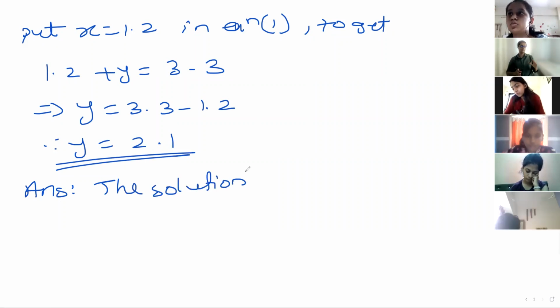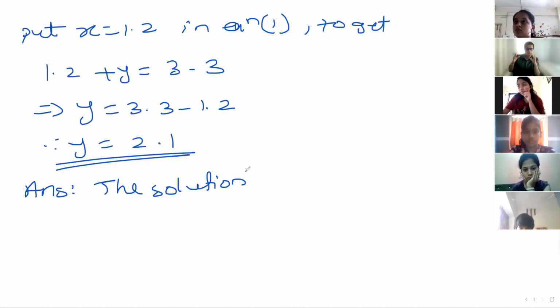Do you remember we had decimals last time and I said don't use decimals because they create problems and we divide by 10? Then we had LCM 10 and we solved it. Why did we do that? In that case, we were using the substitution method. When you are using the substitution method, that way is better. Don't use decimals.